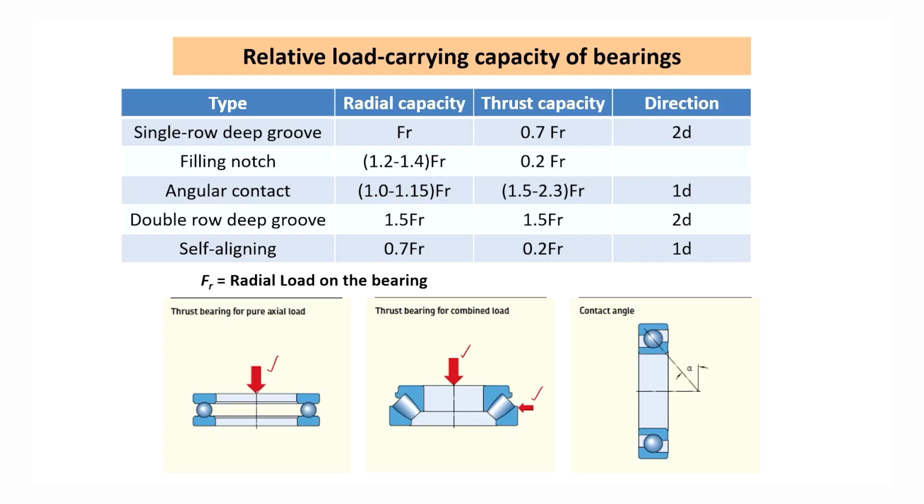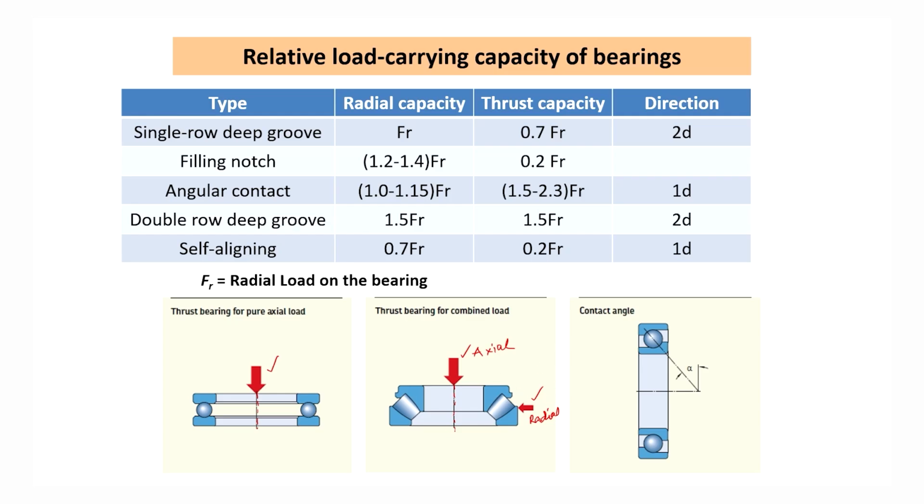If a bearing is to support only axial load, then it is called a thrust bearing. This is a combination where the radial load acts perpendicular to the axis of rotation of the journal or the shaft, and the axial load acts in the direction of the axis of rotation.